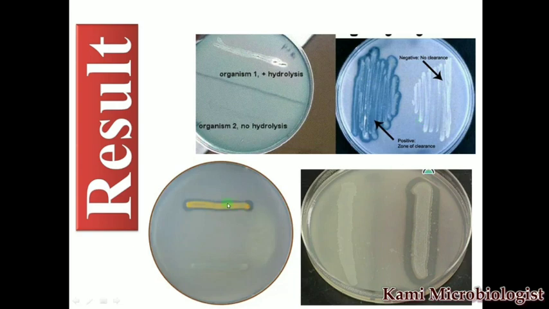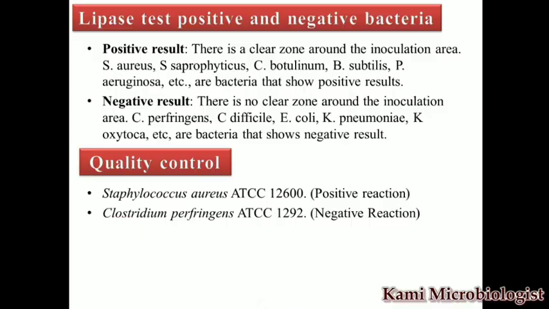This is another plate. This is actually the growth of Staph aureus, and around this growth we get the zone. This is another growth, and this is also Staph or Clostridium or Pseudomonas, and it can also produce the zone. So this is the positive and negative result, as you can see.